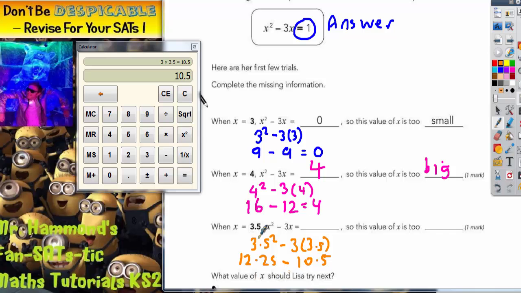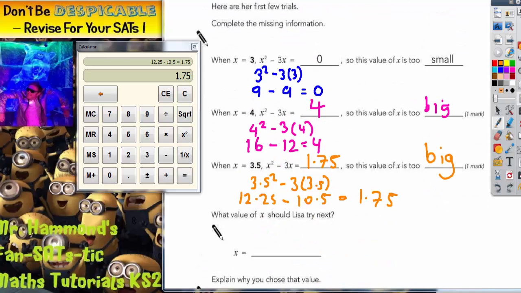But we need to take this away to find the answer. So 12.25, take away 10.5, the answer we're getting is 1.75. So when she does x squared take away 3x with 3.5, we get an answer of 1.75. Now if we look at what our answer needs to be, it still needs to be 1, so 1.75 is still too big.